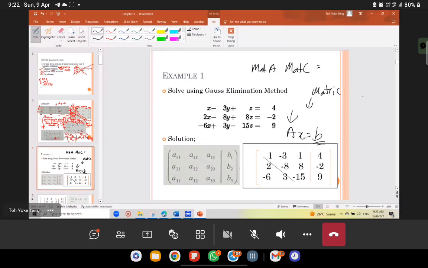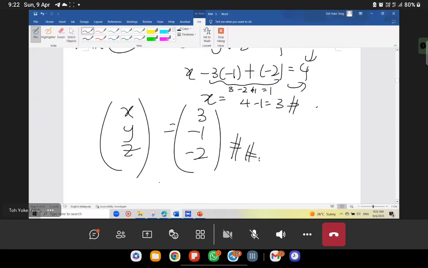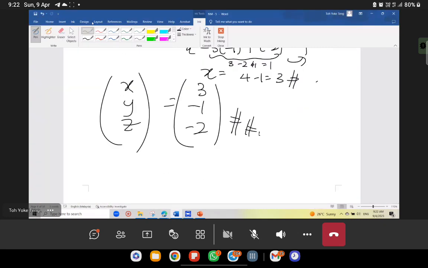Now I share with you how to press the calculator. If you use the silver version, just press mode and then choose 6, since as you notice here, it is the matrix.